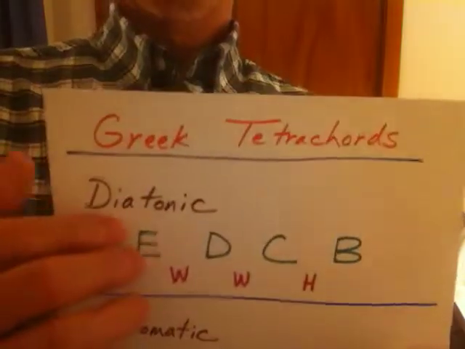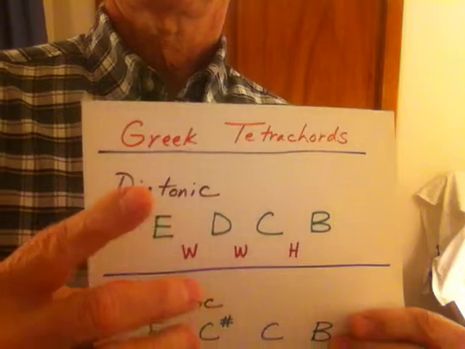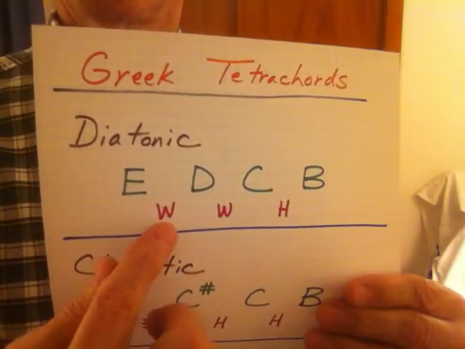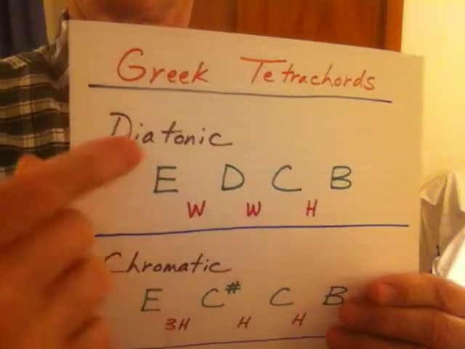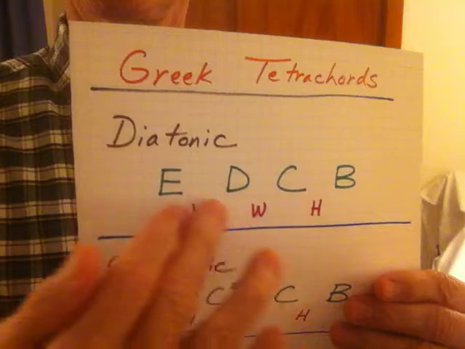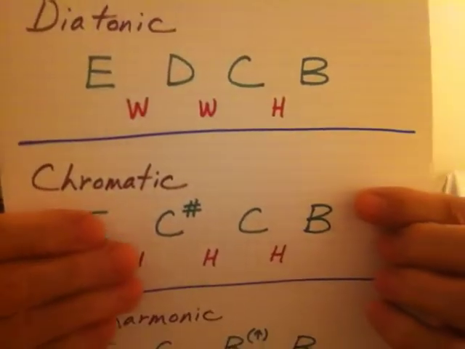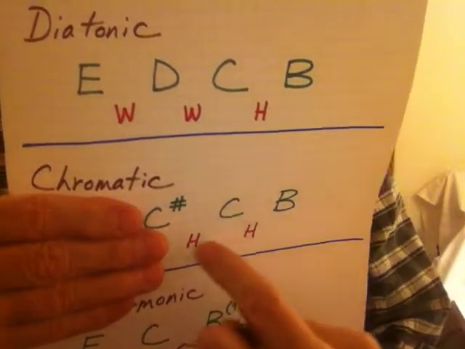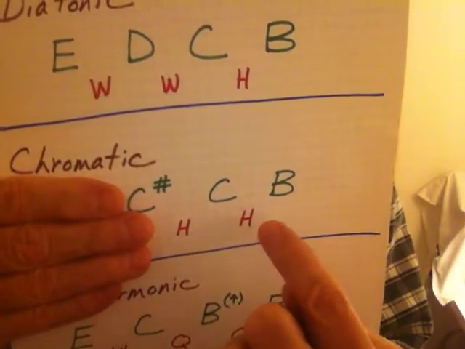So you see in my system that when you go all the way back to 330 BCE, we still embrace the idea of the Greek diatonic tetrachord. We still kind of keep that. We like it. For the chromatic, we like the half-step movement. We kept it.